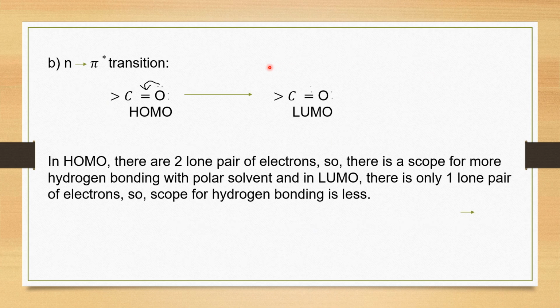Now we will see the samples with n to pi star transition in presence of a polar solvent. Here we have taken the sample with the same aldehyde group. As we know, oxygen will be having two lone pairs of electrons. When we supply energy, n to pi star transition occurs, and this is the case.